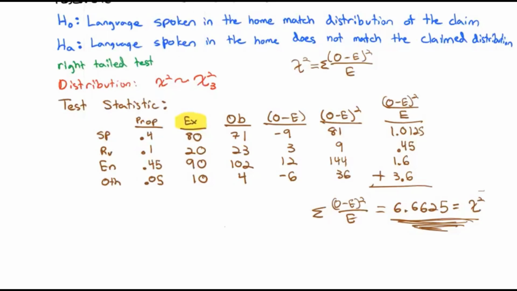Now that we have our test statistic, we are ready to calculate a p-value. And we're going to do that p-value by doing the chi-squared CDF. We're going to go from a low value of 6.6625 to a high value of infinity, which we use 10 to the 99th power for infinity. And we said we had 3 degrees of freedom.